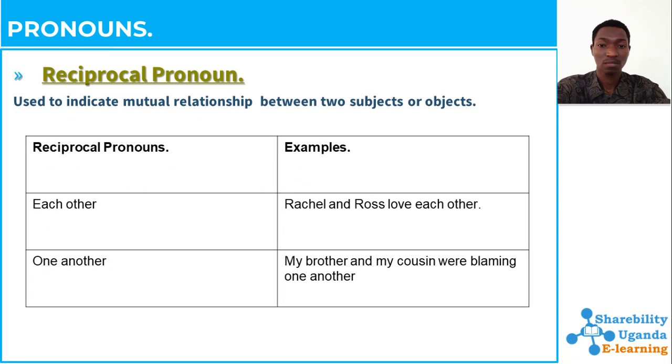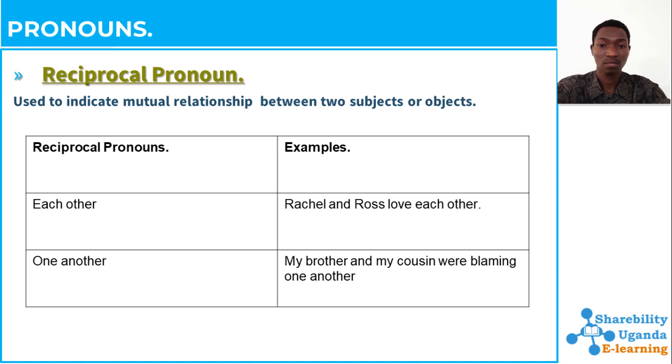Let's look at reciprocal pronouns. Reciprocal pronouns are words that are used to indicate a mutual relationship between two subjects or objects. Each other and one another are the only two reciprocal pronouns in the English language.